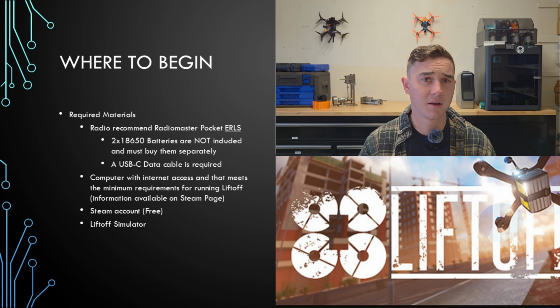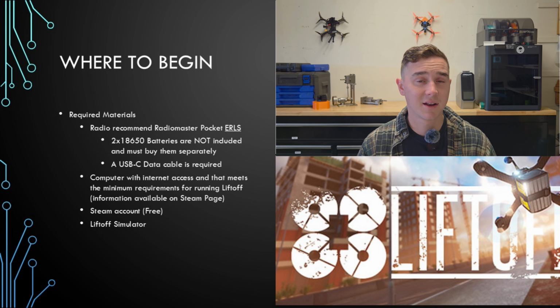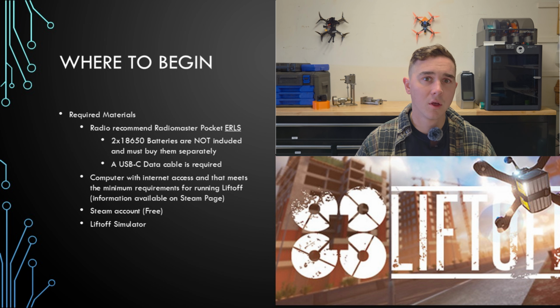And then you need Liftoff. Liftoff is the best simulator that I recommend for flying and especially learning, because the tutorial, in my opinion, is better than the other ones. Other ones you can get are DRL, Tryp, Uncrashed, and a couple others here and there, like FPV SkyDive, but Liftoff, in my opinion, is the best to start. So for less than $100, you can get started in FPV.